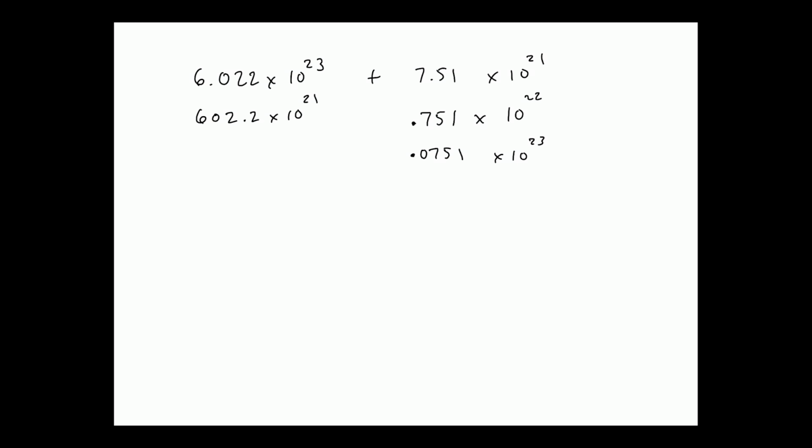Right, which is closer to 6.02? 6.0 or 0.02? 6.0, right? So if you're going to lose precision, would you rather lose it in small decimal places or big decimal places? The smaller ones, right? That's better. If you're going to be imprecise, you want to minimize that imprecision.